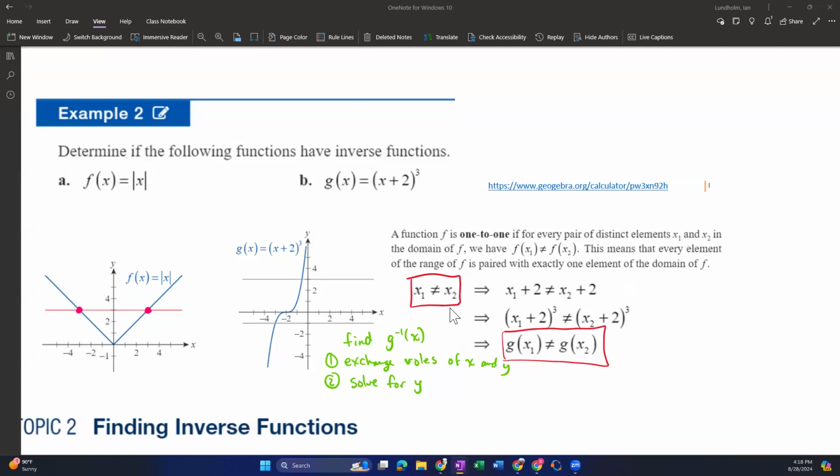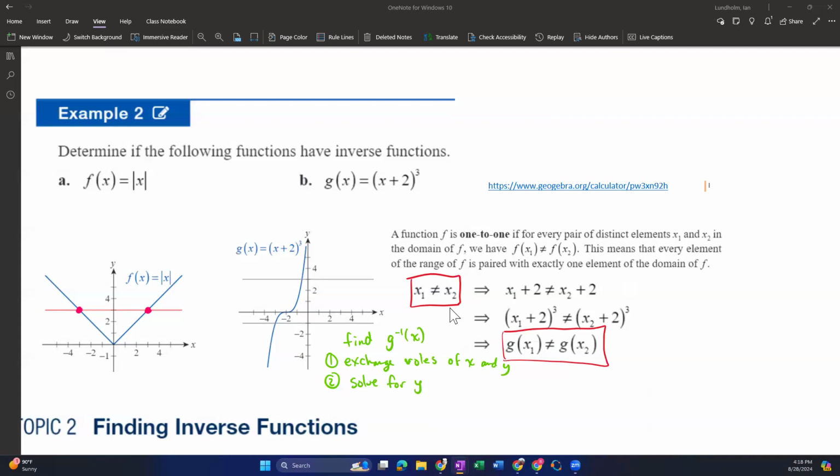What this really signifies is that things are unique. Different inputs leading to definitely different outputs means you have a unique relationship where you can go forwards and backwards without a problem.